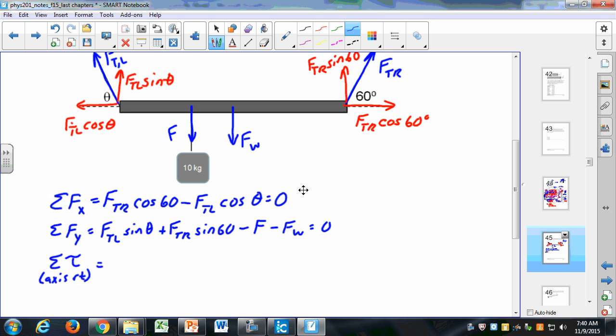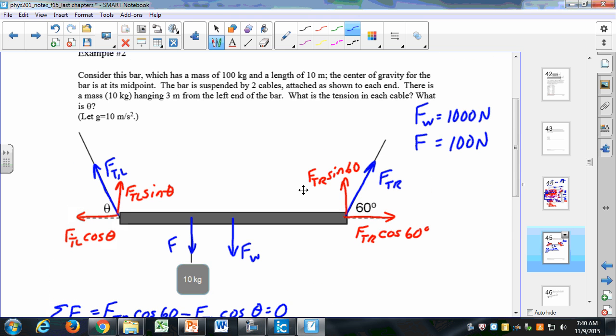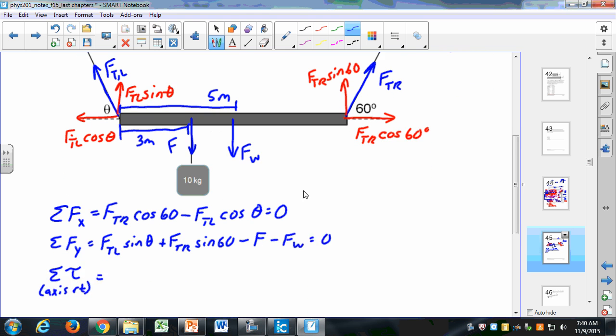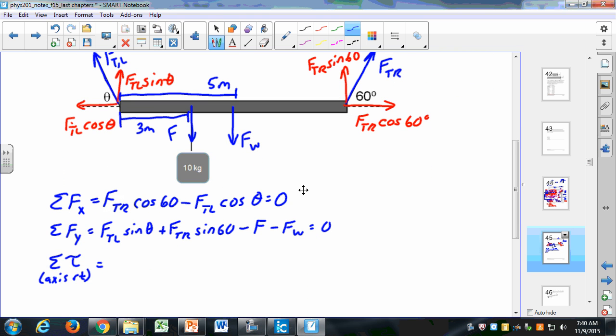let's label some of our distances here. So I know that this distance from the problem is 3 meters. This distance is 5 meters because the force weight acts at the center of mass and it has a length of 10 meters. All right, so my sum of the torques with the axis about this point will be the force F times 7 meters plus the force weight times 5 meters.